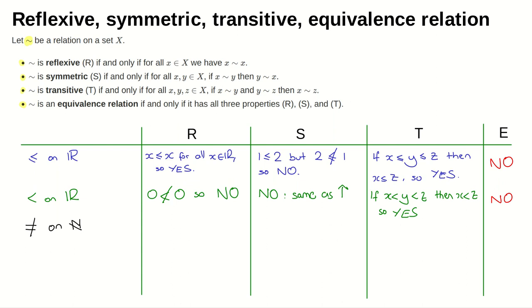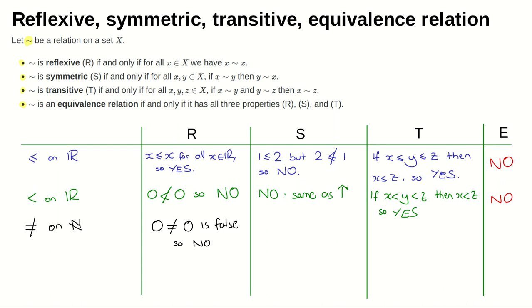All right, well, it's not reflexive, and the reason is that, for example, 0 not equal to 0 is false. 0 is not related to 0 under this relation, so the answer is no, it's not reflexive.